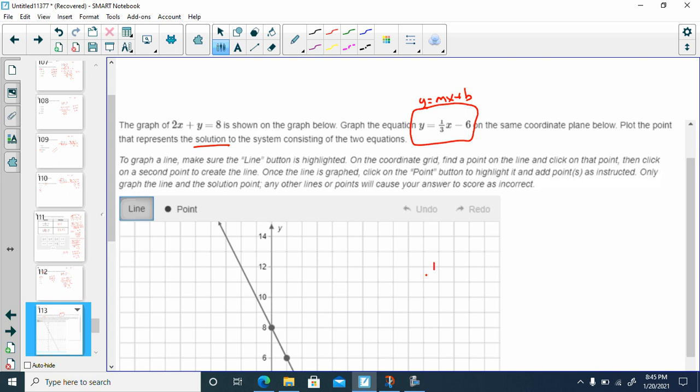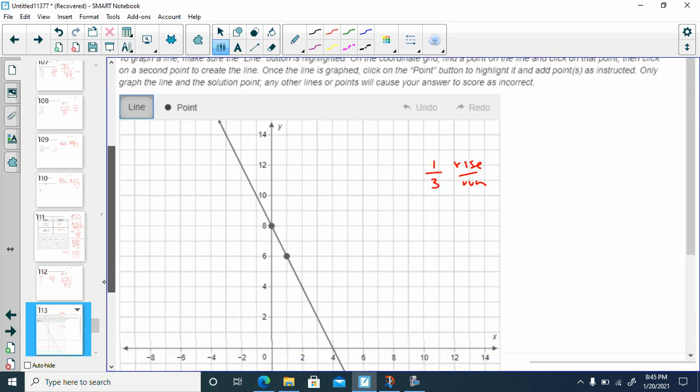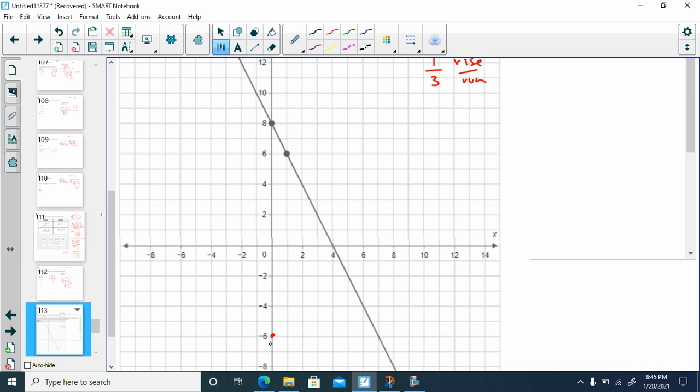That means rise over run, which is 1/3, up 1 over 1, 2, 3. This is where these two lines would intersect. Would be right there. Okay, what point is that at? That's at 6, -4. And we put our dot there.